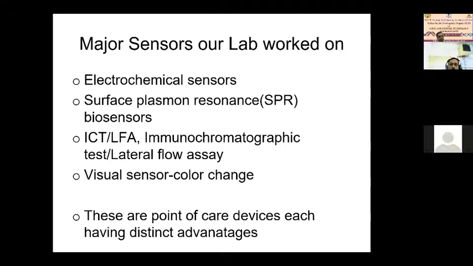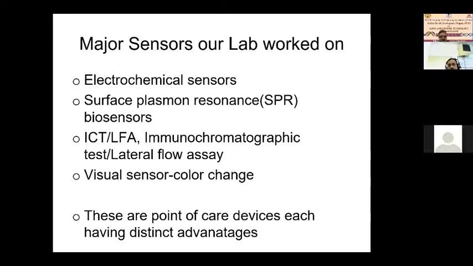And then the third class of sensing technology that we have worked on, which is more qualitative in nature, is the immunochromatographic test or the lateral flow test. Interchangeably they are used and understood in those terms. It is a small device where you see a rapid test having two positive lines.